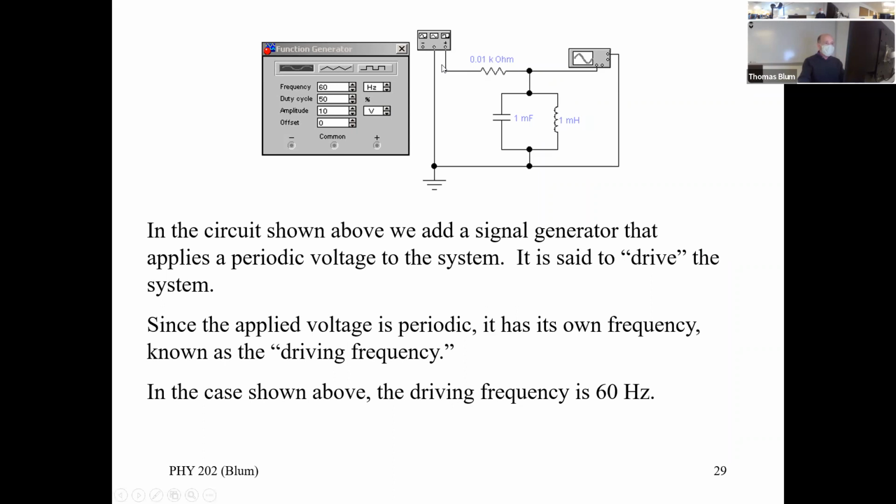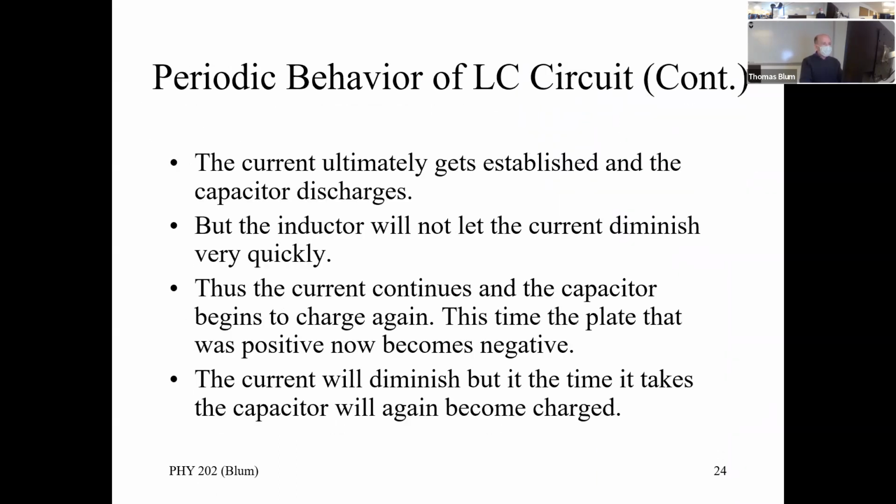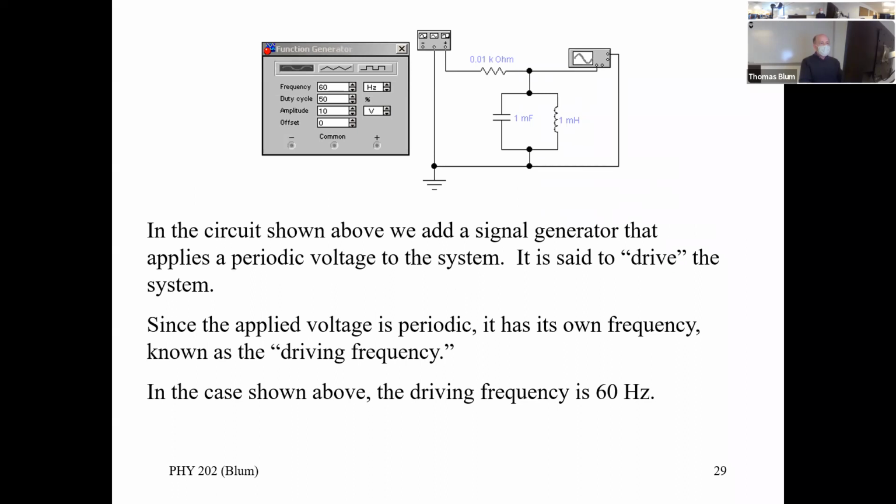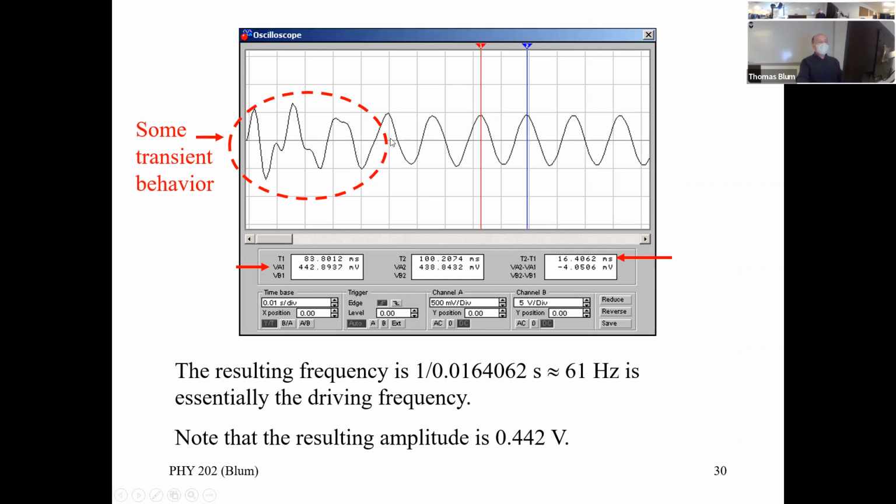So right now, this circuit had a natural frequency I think around 150, yeah, 152. But I'm putting in a 60 for a driver. And then when I run that circuit and figure out the period and the frequency, it's 60 or near 60. So the driver's winning.